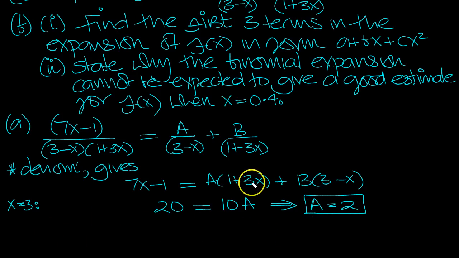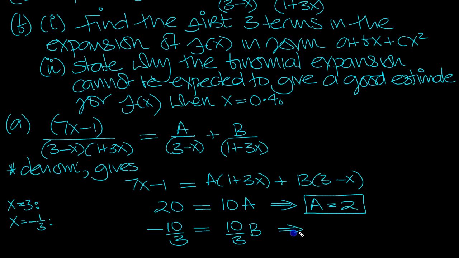Now we'll put in x is equal to minus 1/3. The other bracket will go to 0. Minus 7/3 minus 1, which is minus 3/3, so minus 7/3 minus 3/3 is minus 10/3. On the right, the a term will be 0, and then it's 3 minus minus 1/3, which is plus 1/3. 9/3 plus 1/3 is 10/3.